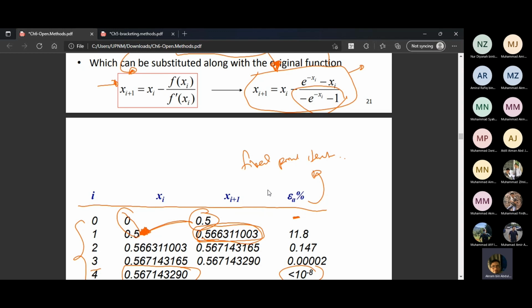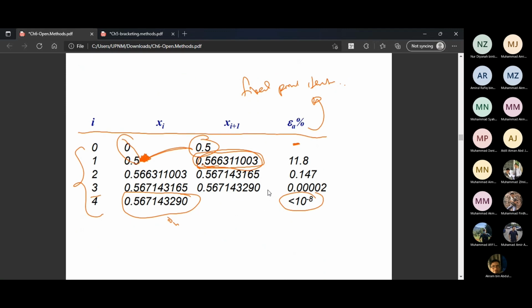So by substituting xi as 0.5, so 0.5, 0.5, 0.5, and 0.5. By using calculator, calculate it. So we get x(i+1) is 0.5663103. Then we calculate what is the approximate percent relative error. So by using this value, we can calculate what is the approximate error.